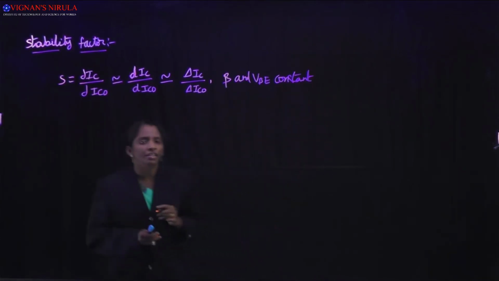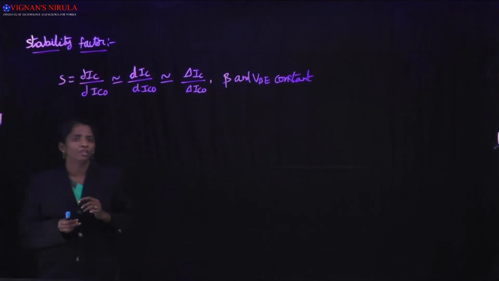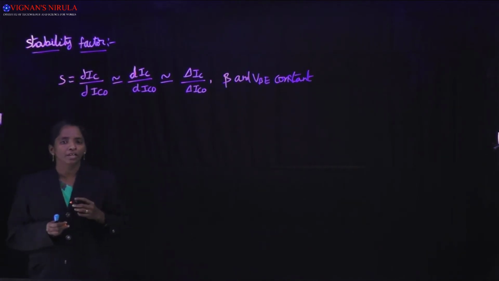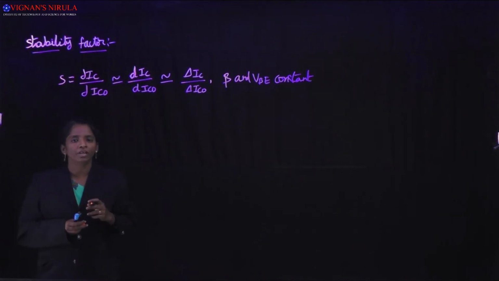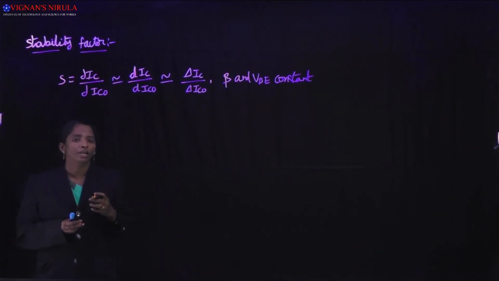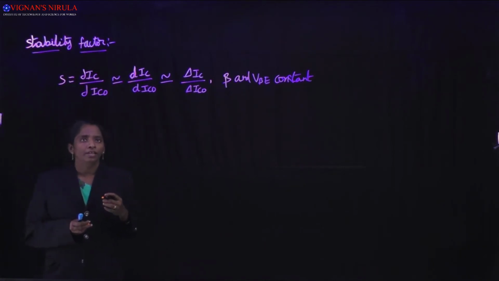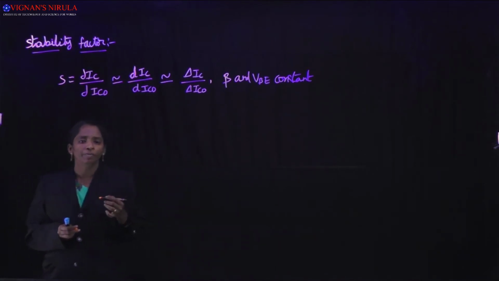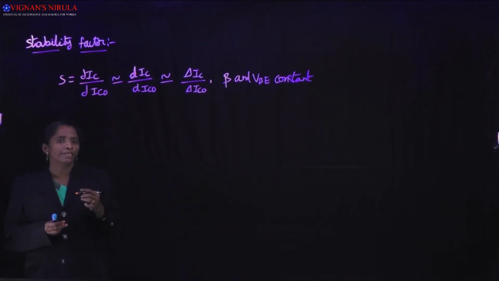So the stability factor is defined as the rate of change in collector current with respect to collector base current, at beta and VBE constant. This is known as the stability factor.